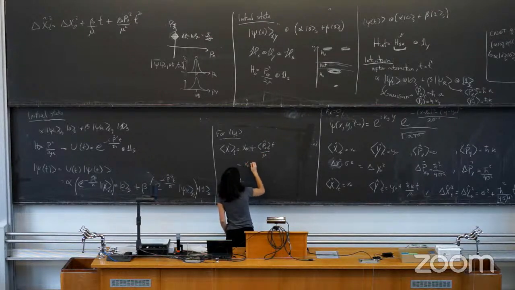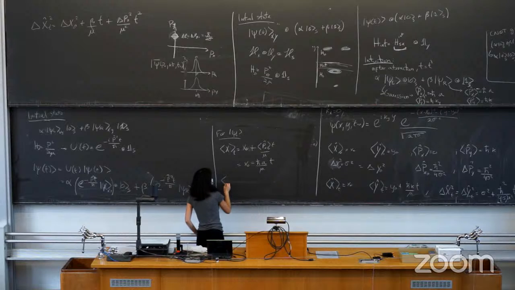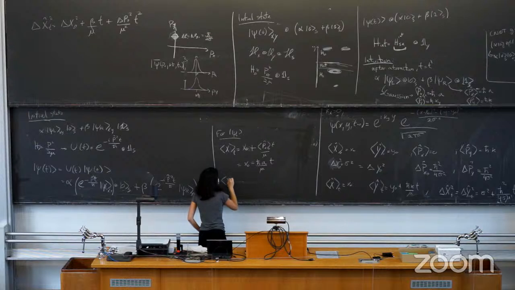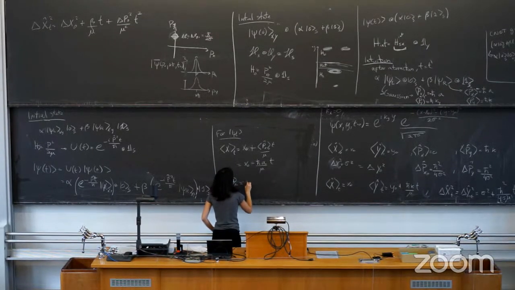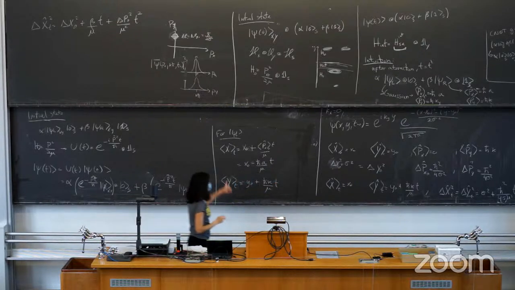So it's minus h bar a over mu times t. And the y position is going to be, well, again, y0 plus h bar k over mu times t, right? So this is for the psi L.